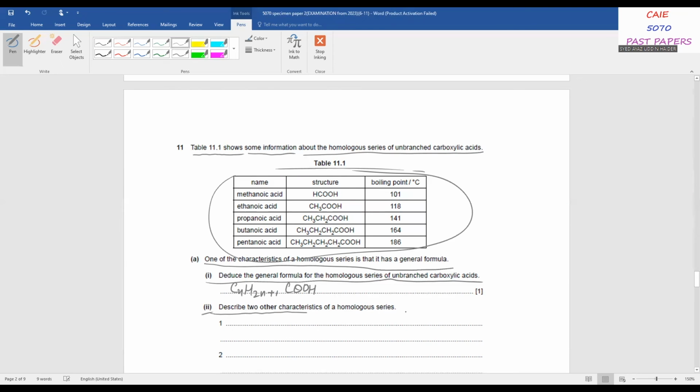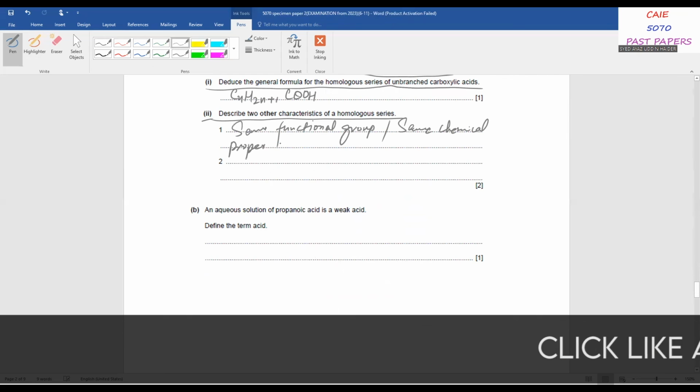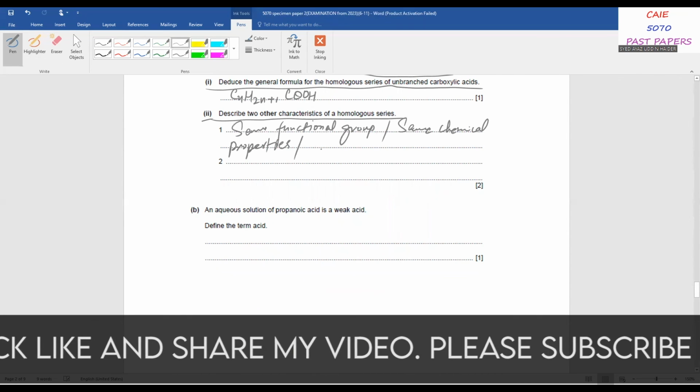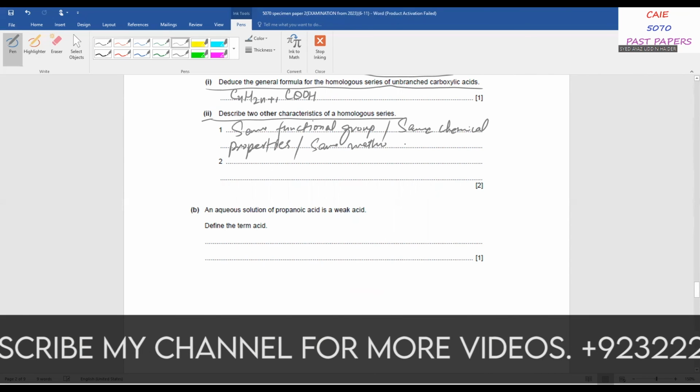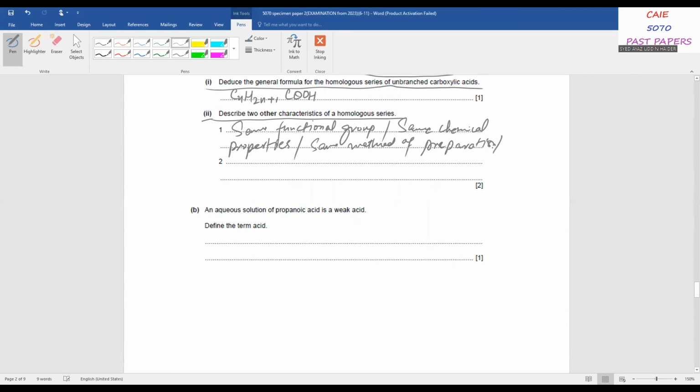Part 2. Describe two other characteristics of a homologous series. You can write any of these: they have the same functional group, or they have the same chemical properties, same method of preparation, the idea that each member differs by a CH2 group.